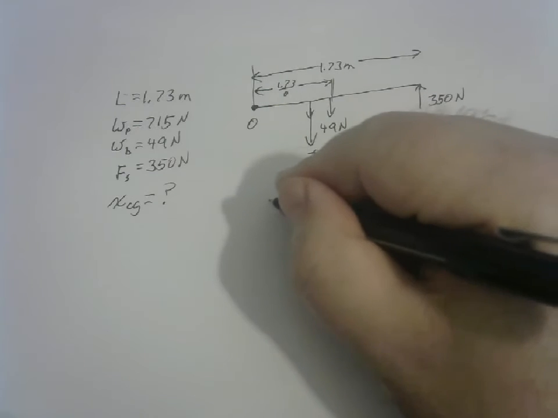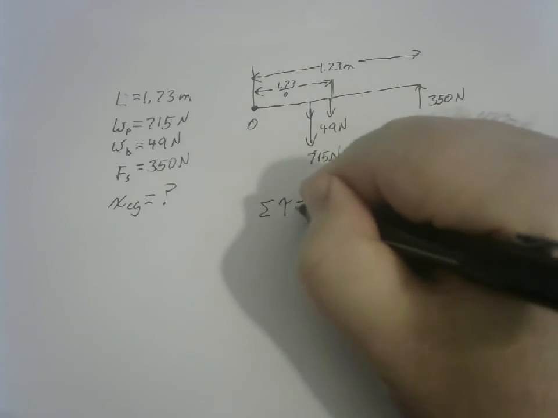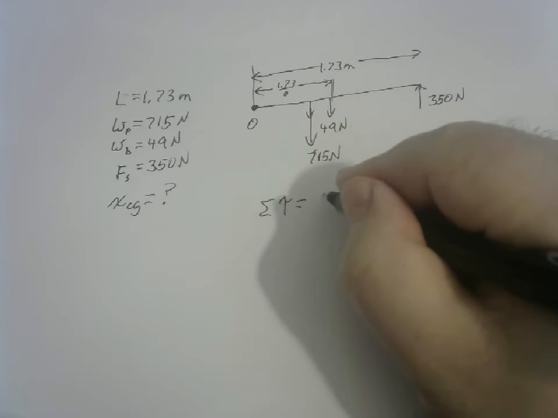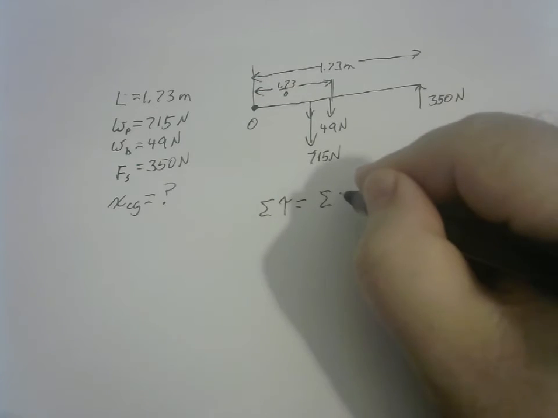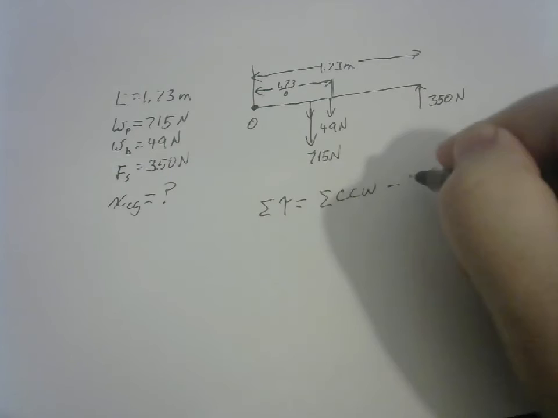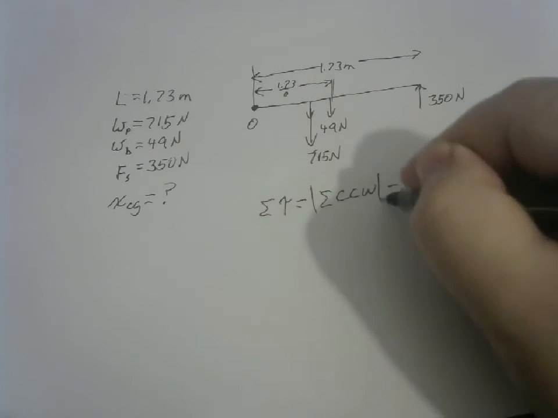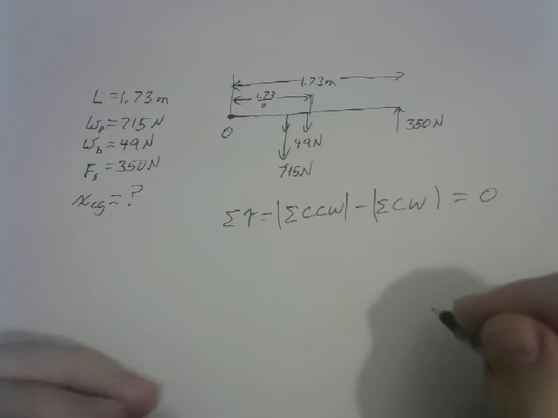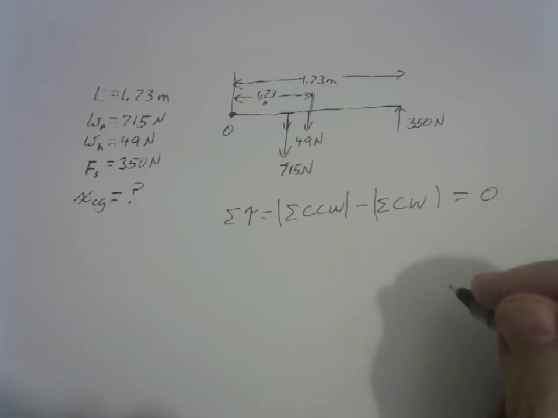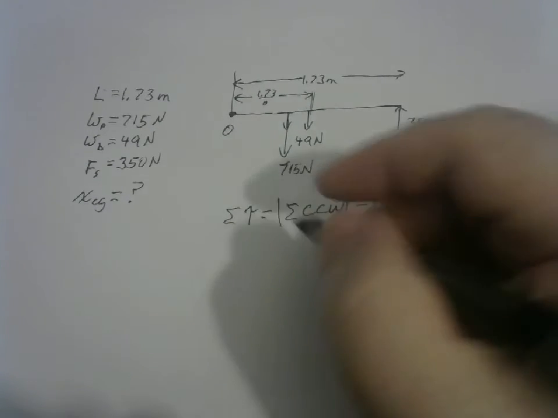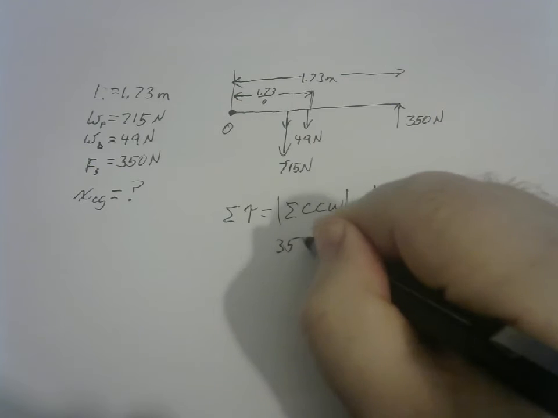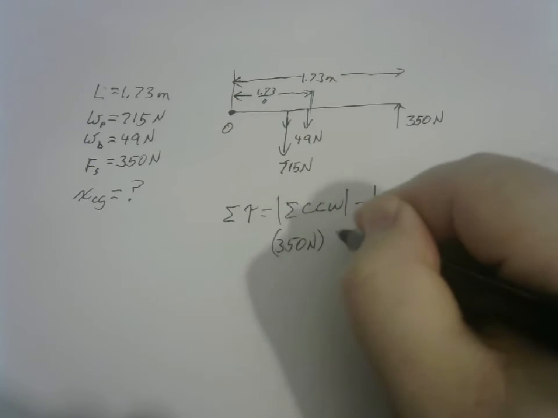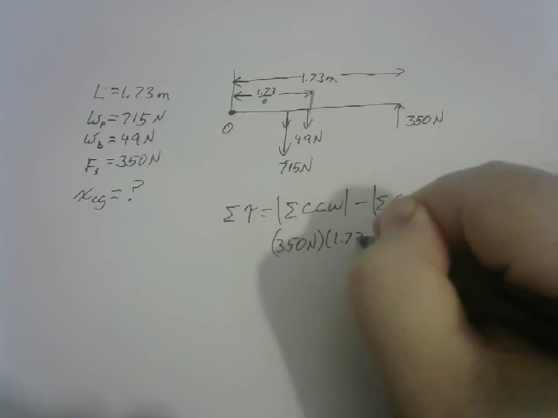We'll do the sum of torques equals the sum of the counterclockwise minus the sum of the clockwise equals 0. The counterclockwise torques include the 350 newtons times 1.73.